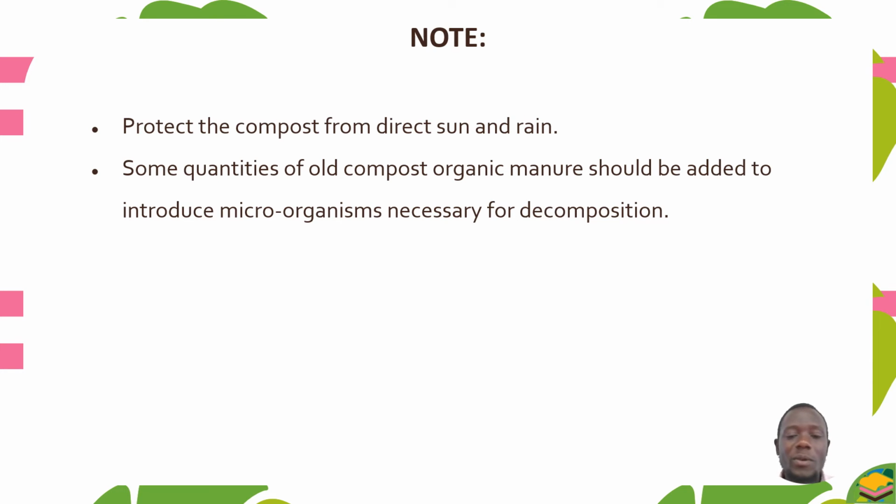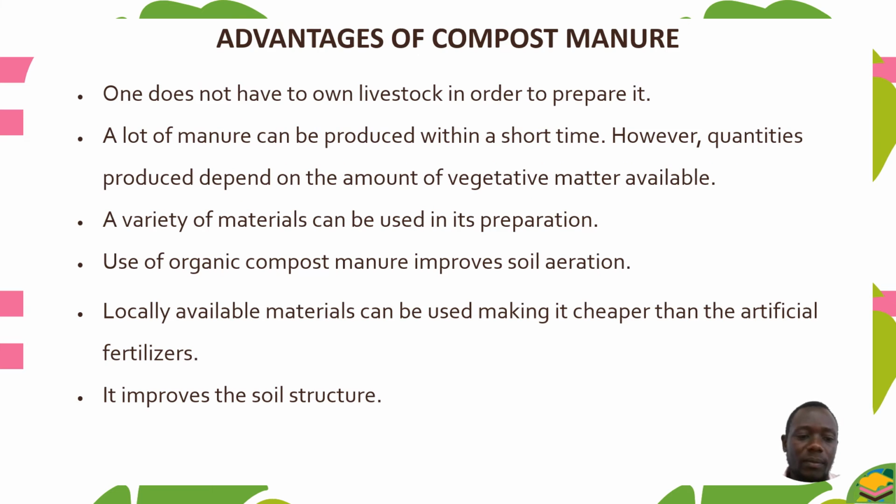The reason is volatilization and leaching; that's why we protect this compost manure. Then some quantity of old organic manure should be added to introduce microorganisms necessary for decomposition. So you can add some old compost manure just to introduce microorganisms necessary for decomposition.